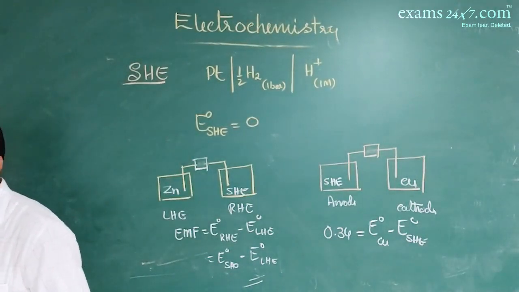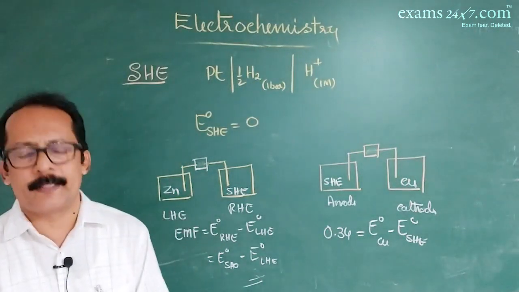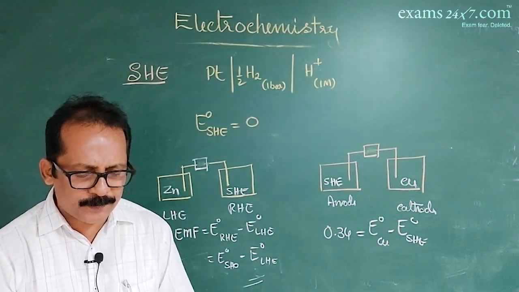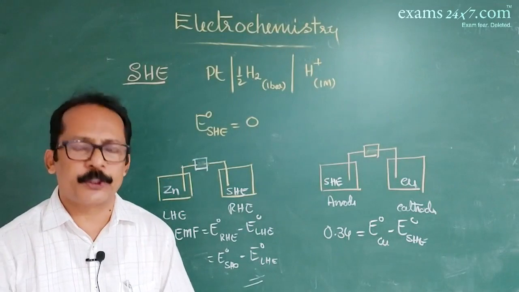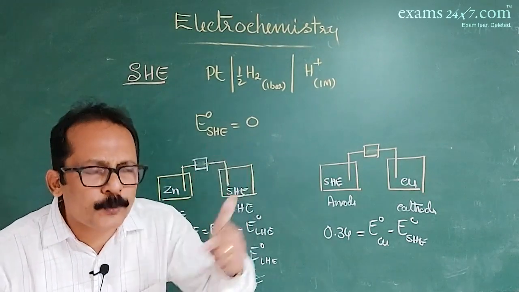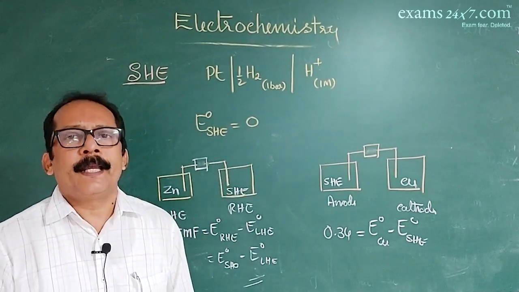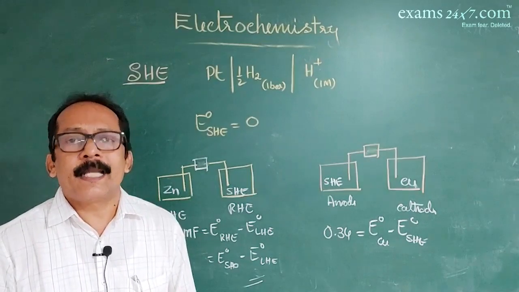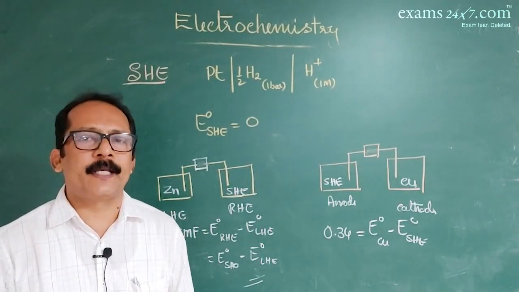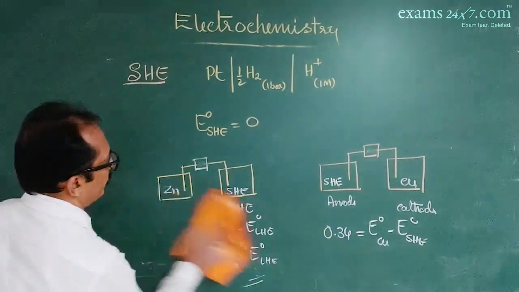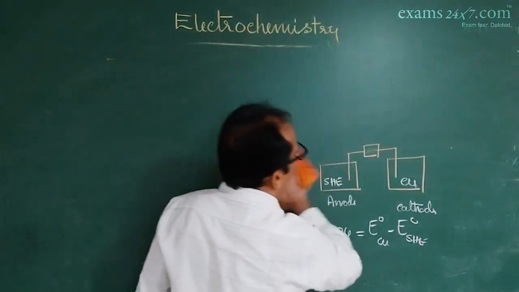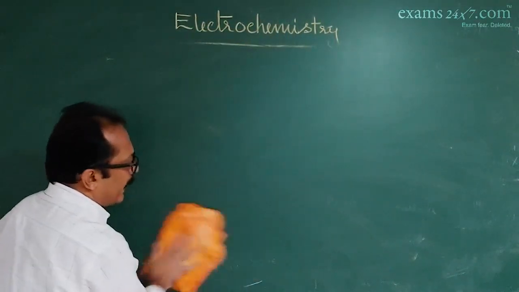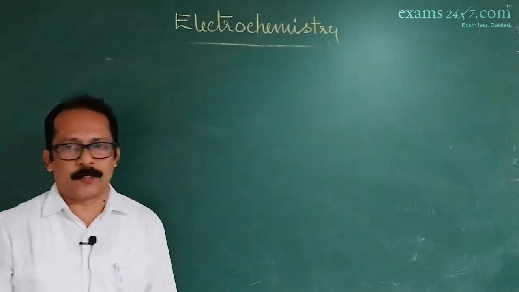Now, quickly moving on to the electrochemical series. It is a series of standard electrodes arranged from top to bottom in the order of decreasing reduction potential. Among these standard electrodes, hydrogen is taken as the standard one.